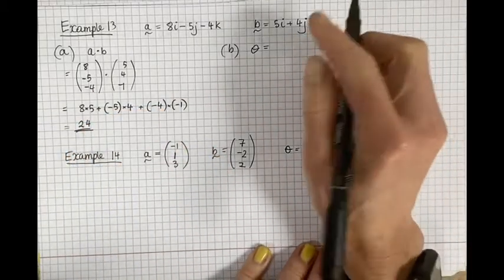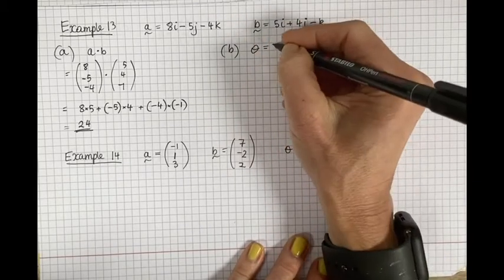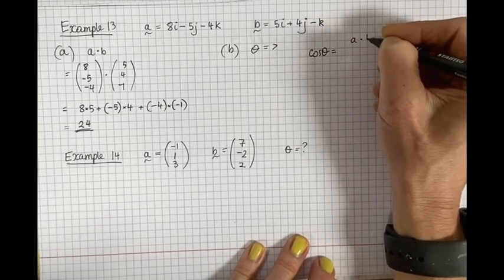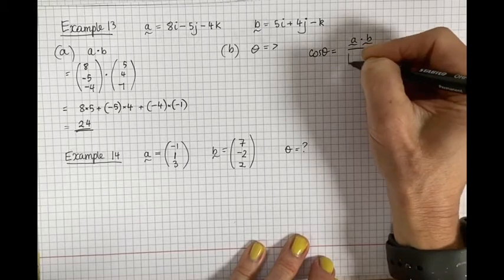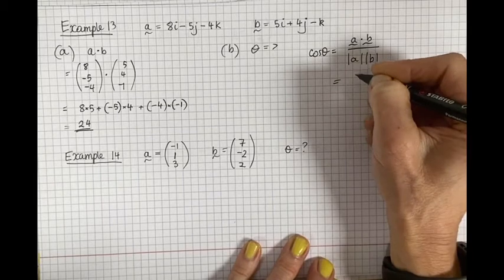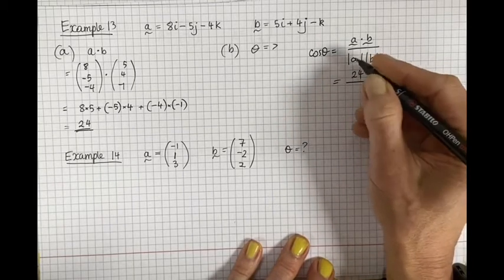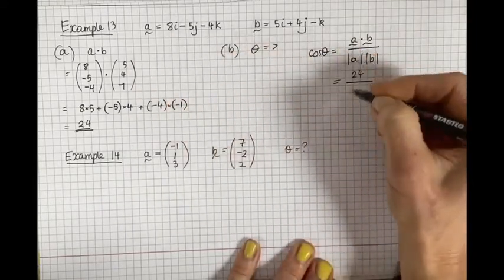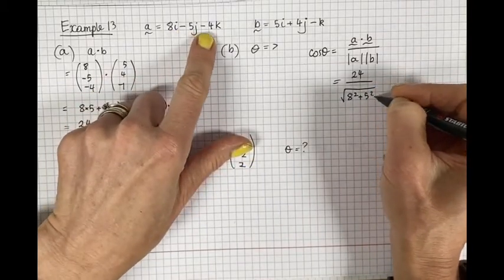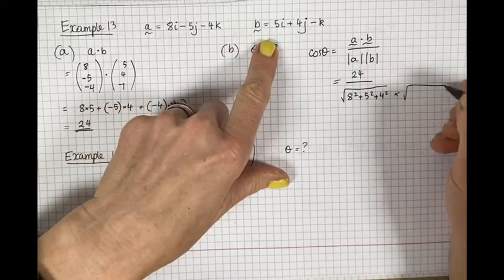Now, using this result and the definition of the dot product, we can find the angle theta. I always use the rearranged form: cos theta is a dot b over the length of a multiplied by the length of b. So a dot b is 24. The modulus of a is simply your 3D Pythagoras: 8 squared plus 5 squared plus 4 squared. You only need to take the positive values because you're considering lengths.